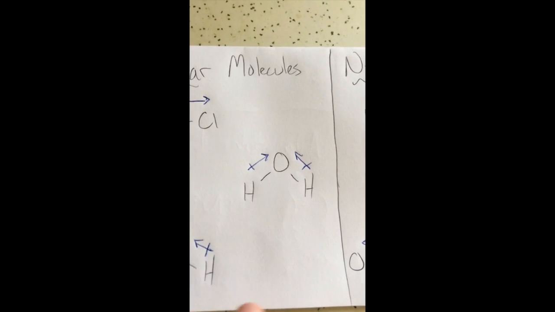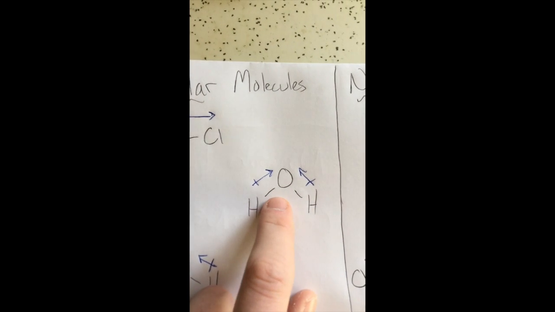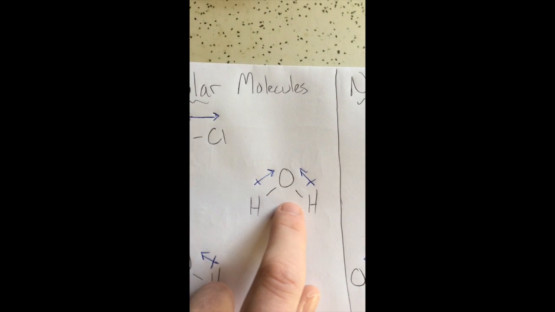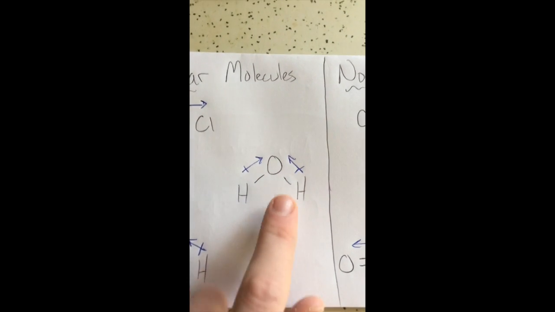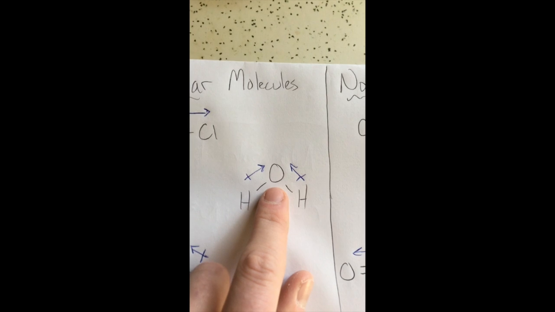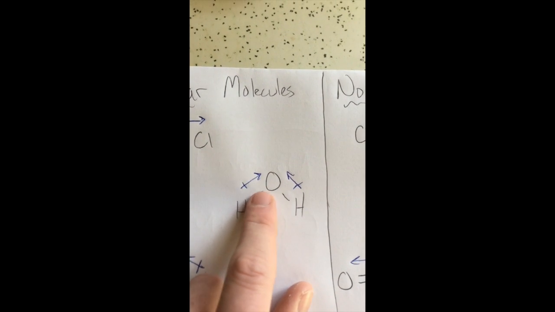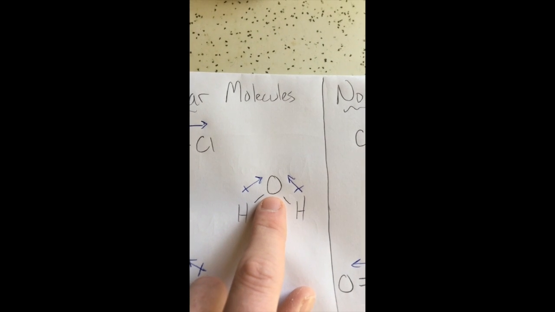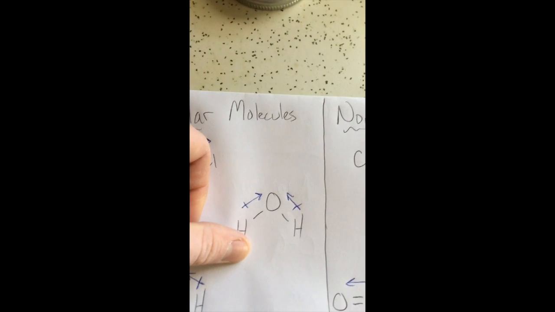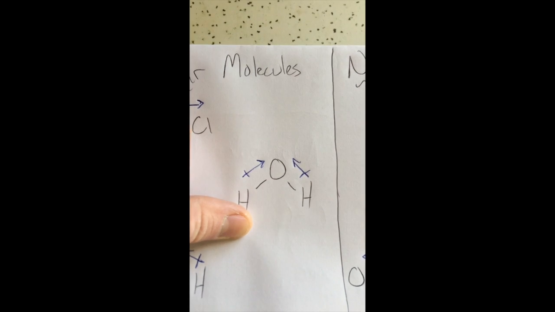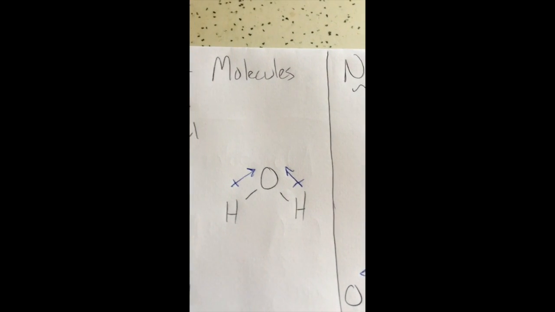Water has polar bonds, and due to its bent shape, remember we talked about this, oxygen's more electronegative, so it pulls the bonding electrons towards itself. That makes this a partial negative side, and this a partial positive side. Again, just like north and south poles.